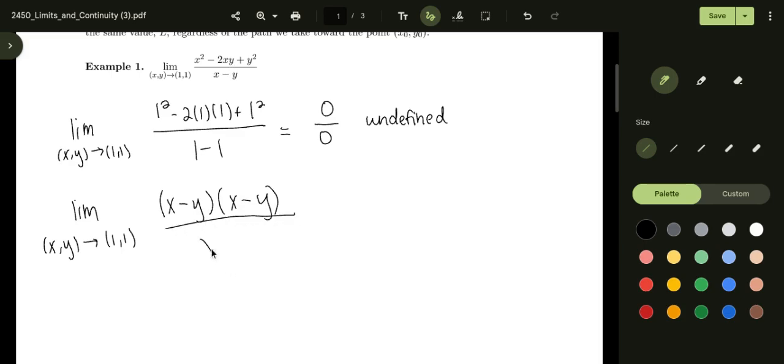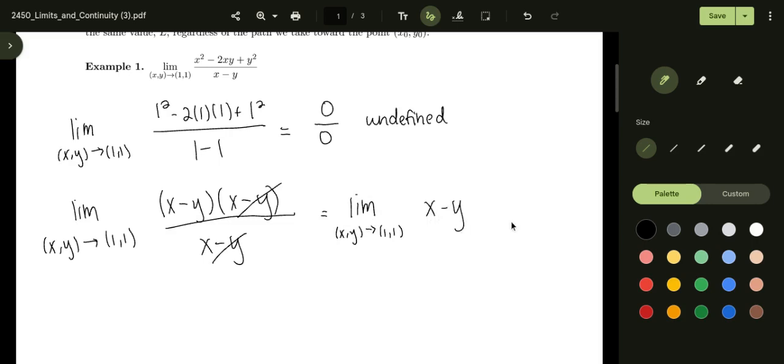And then we still have x minus y in the denominator. Now we can do some simplification. We have an x minus y factor in the numerator and an x minus y in the denominator, and so those become 1. Then we have the limit as xy approaches 1, 1 of x minus y.